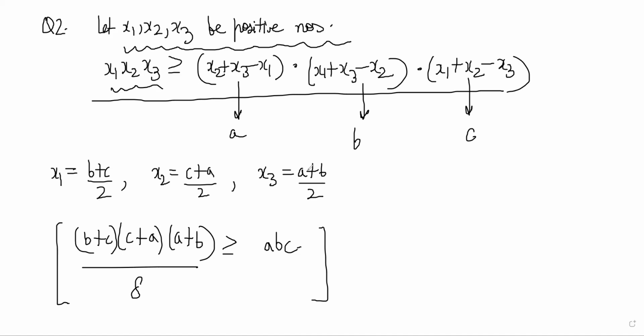So here we can assume that since these three are positive, the whole product here is positive, and the product here will be positive when two of the brackets are negative and one is positive, or all three are positive, right?